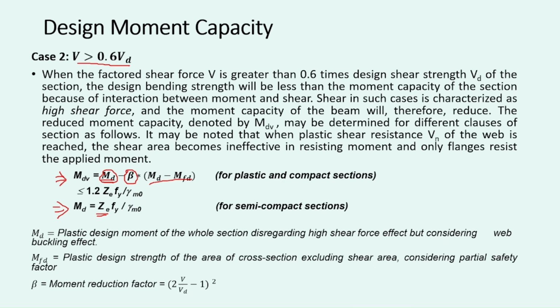So, whatever the total moment that we get, disregarding the high shear, we need to subtract the plastic design strength of the cross section excluding the shear area. And we need to reduce that moment by a factor called β, which is the moment reduction factor, and which is given by this formula.